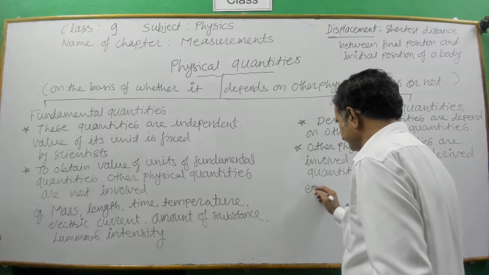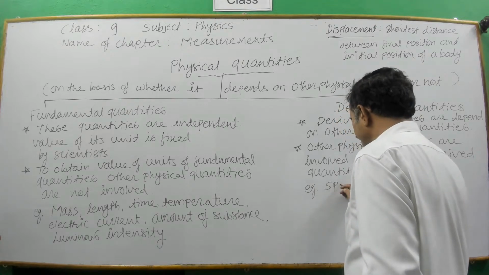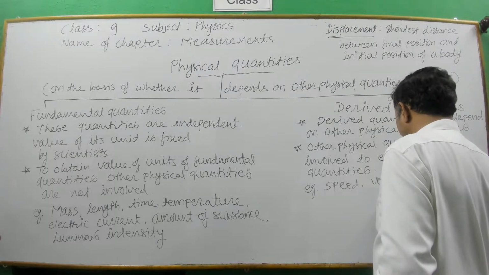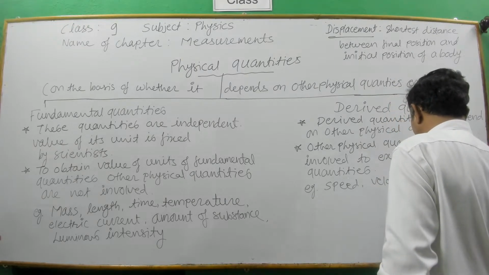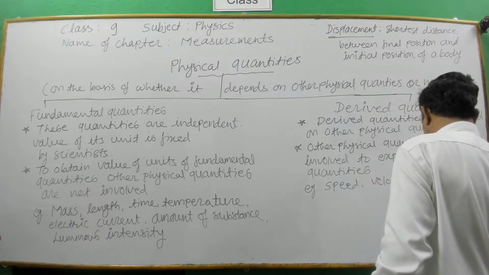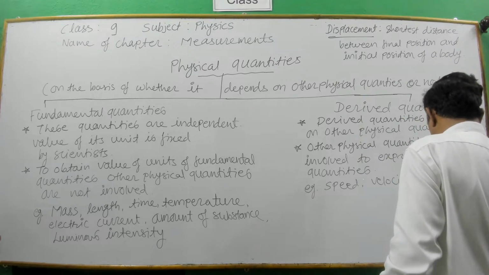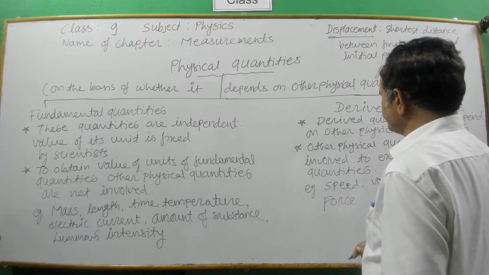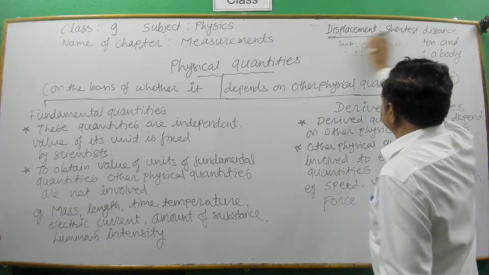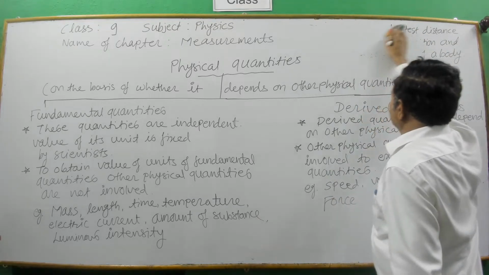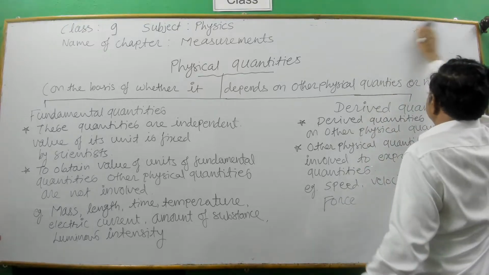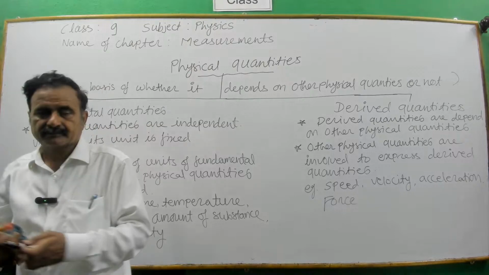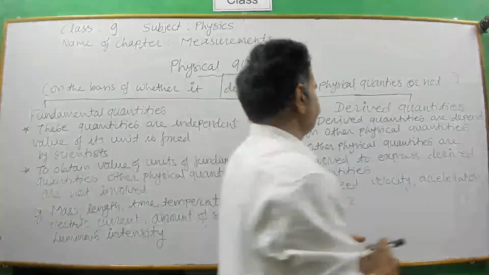Examples of derived quantities: speed, velocity, acceleration, force. Why is force a derived quantity? What is the value of force? Whatever it may be, how is it obtained?